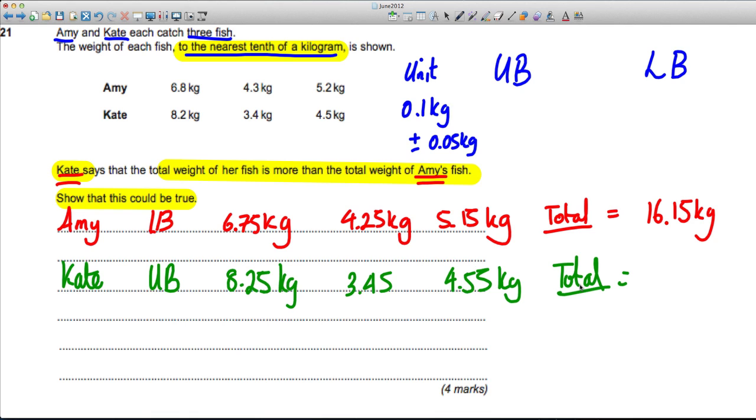Well, 8.25 plus 3.45 plus 4.55 would be equal to 16.25 kilograms. So in that case, it could actually have been bigger. Therefore, Kate's could have been bigger.